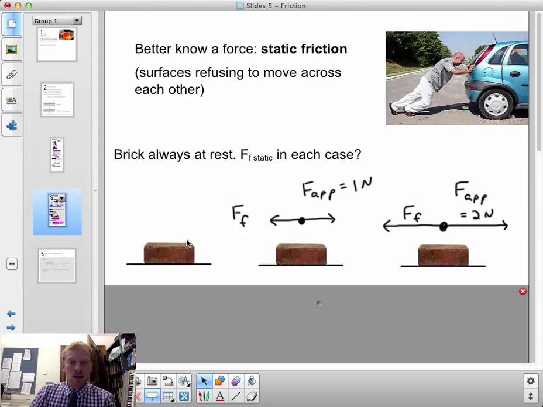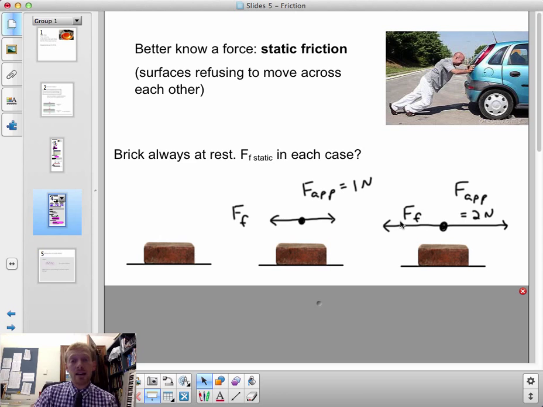So in this picture, the amount of friction force between the brick and the table is 0. But in this picture, the amount of friction force between the brick and the table is 1 Newton to the left. Here, the amount of friction force between the brick and the table is 2 Newtons to the left.